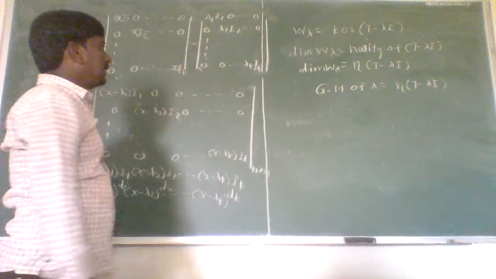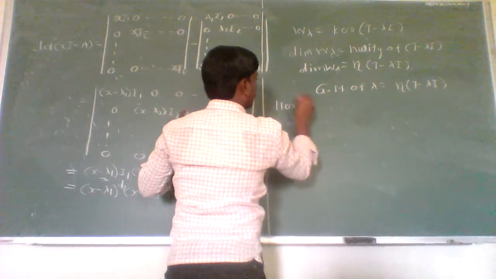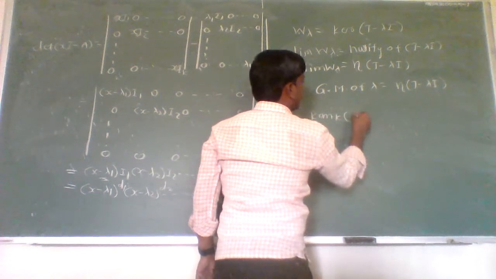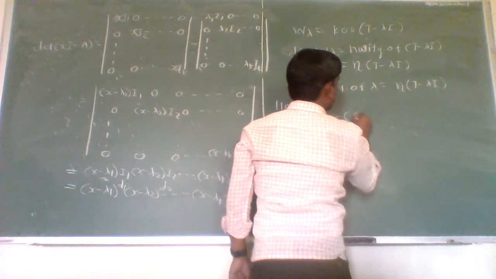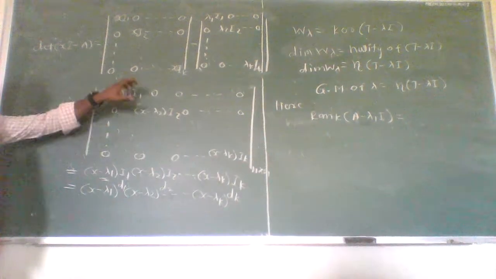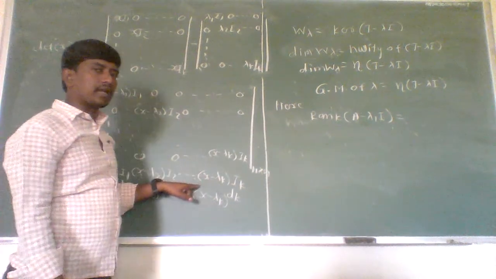Okay, now from this, the rank of the matrix A minus lambda 1 I. So this one is a diagonal matrix. Here x minus lambda 1 is repeated d1 times.